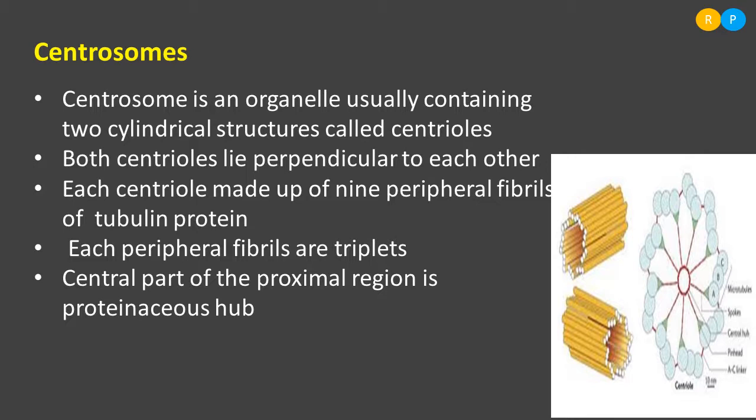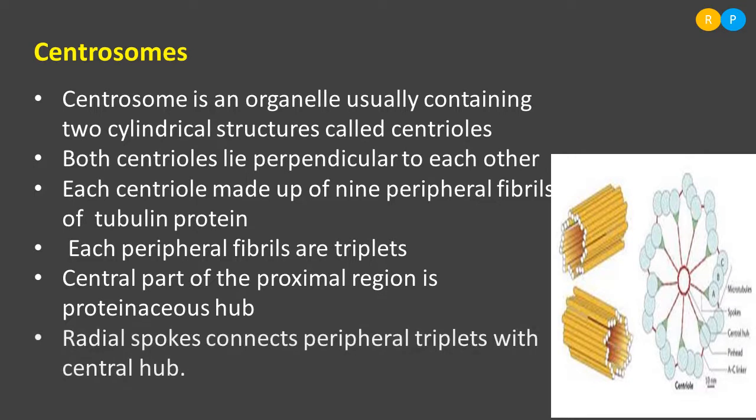This is the region where all the peripheral triplets get connected, so it is named a proteinaceous hub. It is just connecting all the 9 triplets of the peripheral region. There are no fibrils present in the central region.